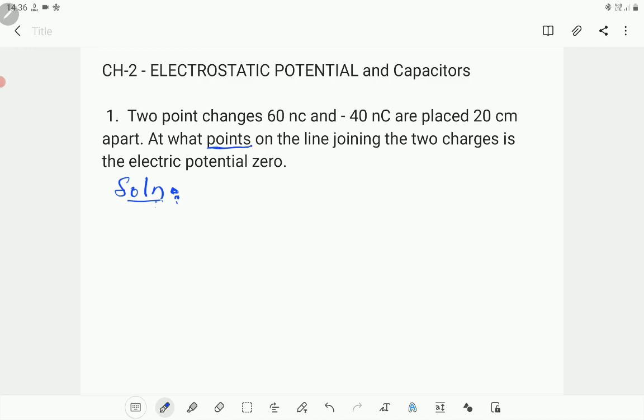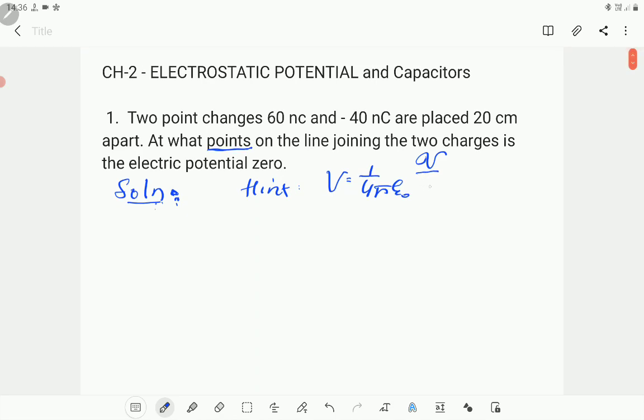2 points to identify. First of all, the hints here in this problem, electrostatic potential, we have learned in detail. Electrostatic potential is the amount of work done in moving unit charge from infinity to that point against the field. According to our derivation part, the value is kQ by r.